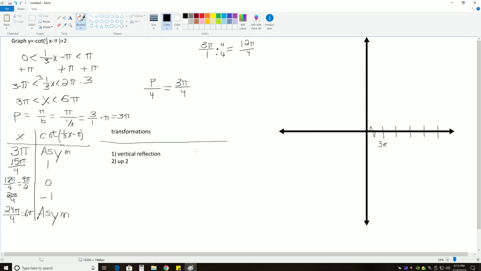And the first one after 3 pi is 15 pi over 4. The second one after 3 pi is going to be our 9 pi over 2.